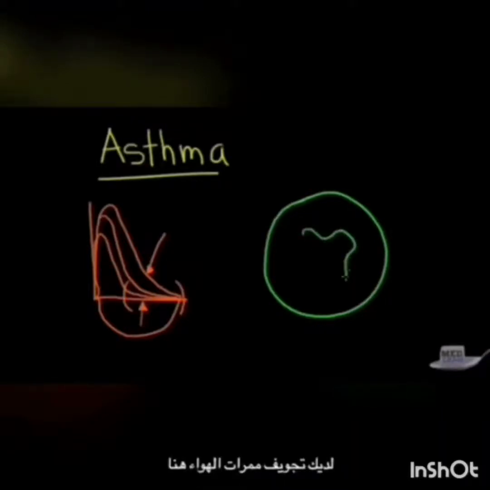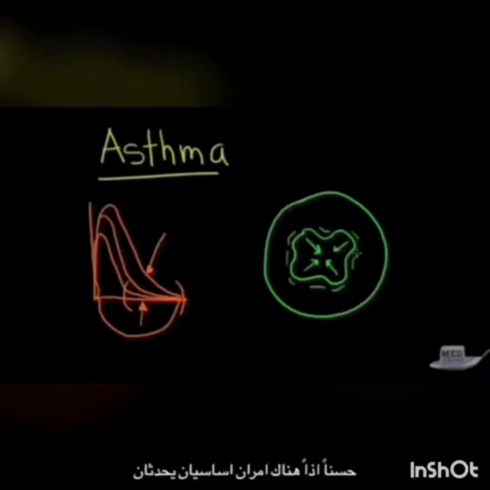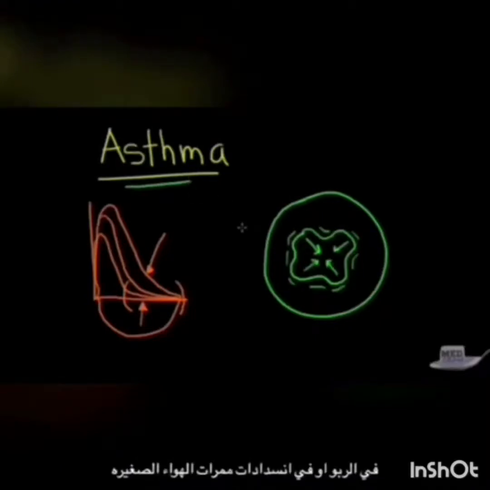You've got this lumen of the airway that's here, and as you may know, it is lined with smooth muscle. When that smooth muscle contracts, this lumen gets smaller. So there's two major things that are occurring in asthma, or obstruction of these small airways: you've got some sort of an inflammatory process, for whatever reason, that's going on here.